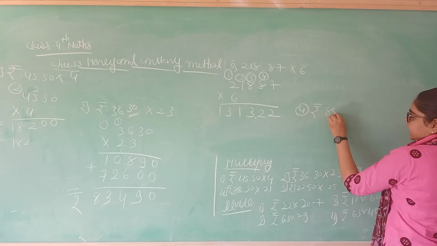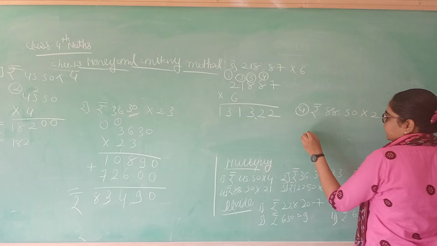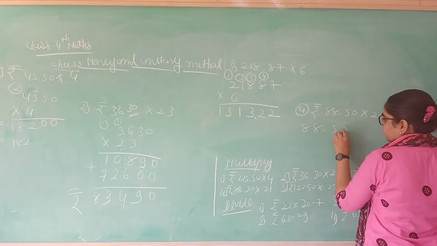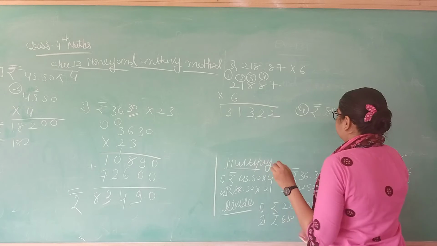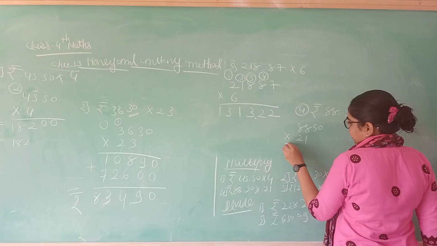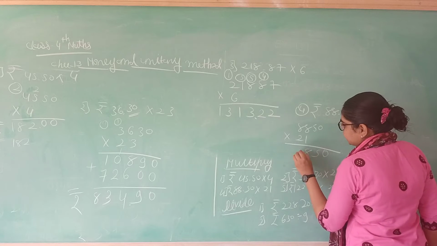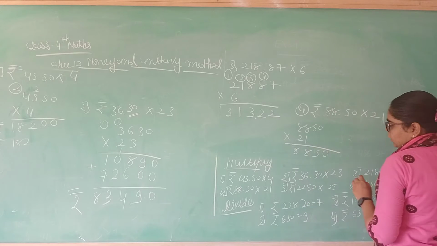Rupees 88.50 into 21. So 88.50. First remove the decimal point into 21. First of all, 1 zeros are 0, 1 5s are 5, 1 8s are 8 and 1 8s are 8. Okay.